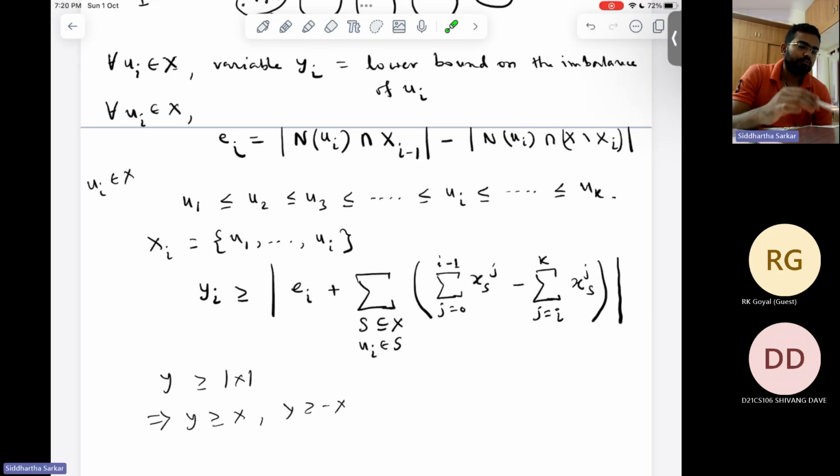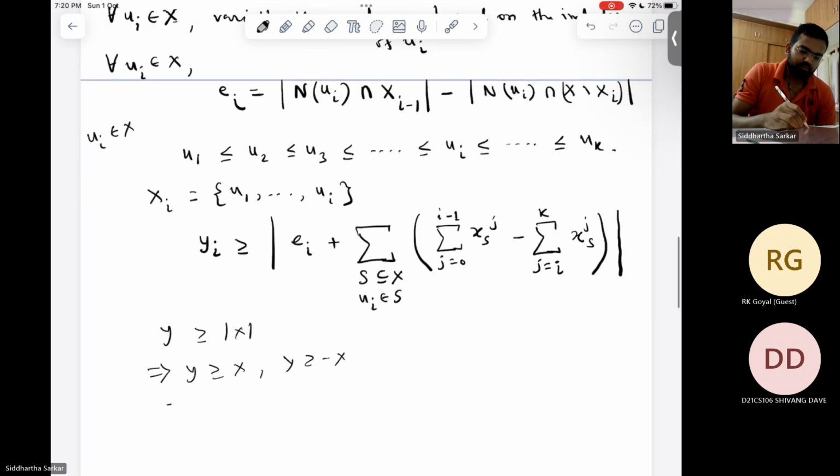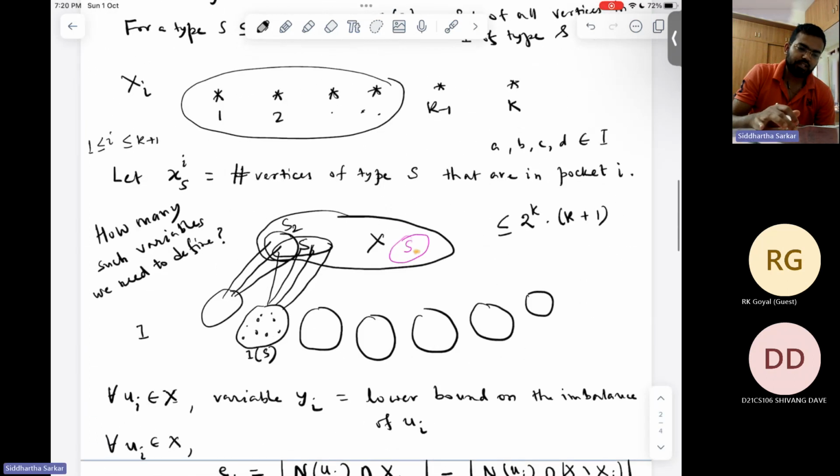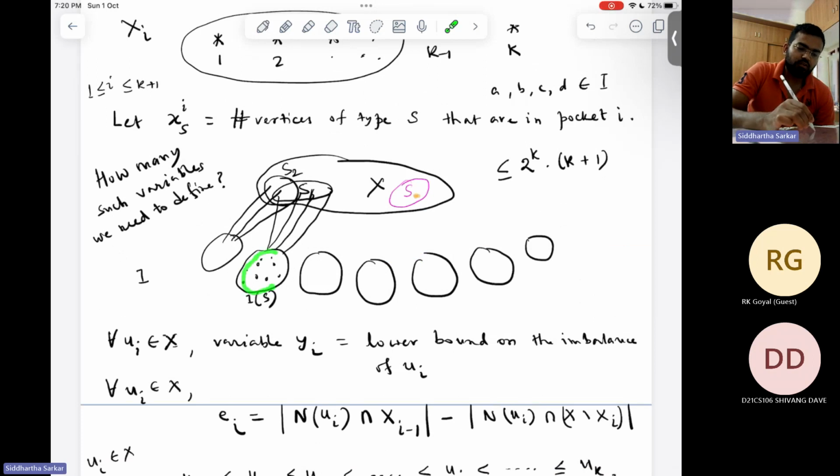So there is one more constraint. So what is is? Remember we defined is here. Yes, here. So is is a set of vertices in the independent set that have the same neighborhood S. So the number of vertices in is should be equal to the sum of the cardinalities of the sets, where each set is denoting the number of vertices of type S at different pockets.